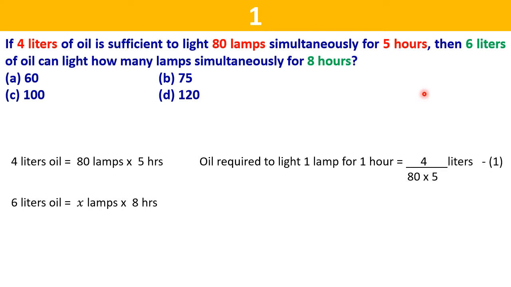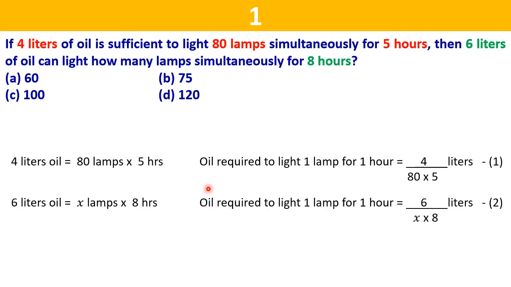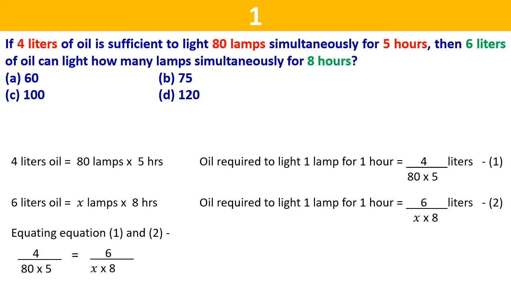In a similar way, the second equation can be written as oil required to light 1 lamp for 1 hour equal to 6 divided by X into 8. Now we can equate equation 1 and equation 2 like this, and the unknown variable X can be found out. X comes out to be 75. So with 6 liters of oil, we can light 75 lamps for 8 hours.